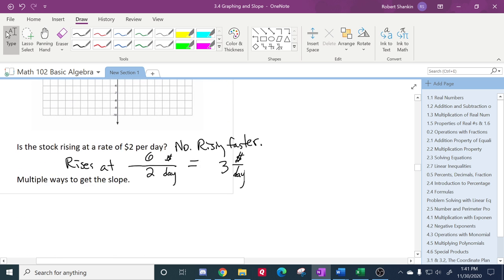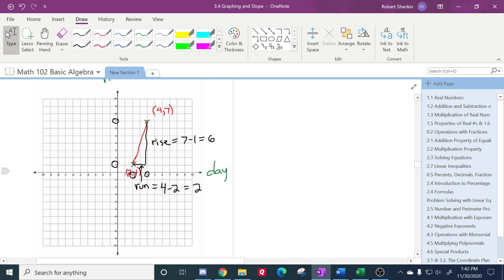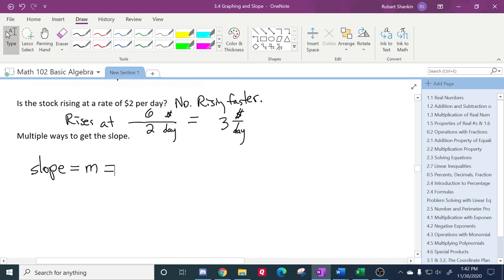The letter that's normally used for slope is M. And I don't know why, but M is the slope. And since it's how much we're rising, how fast we're rising per day right here, it makes sense that this is, in theory, the rise over the run.